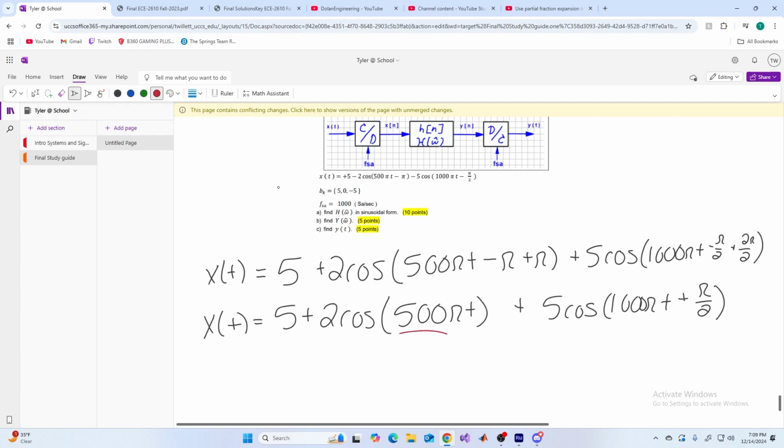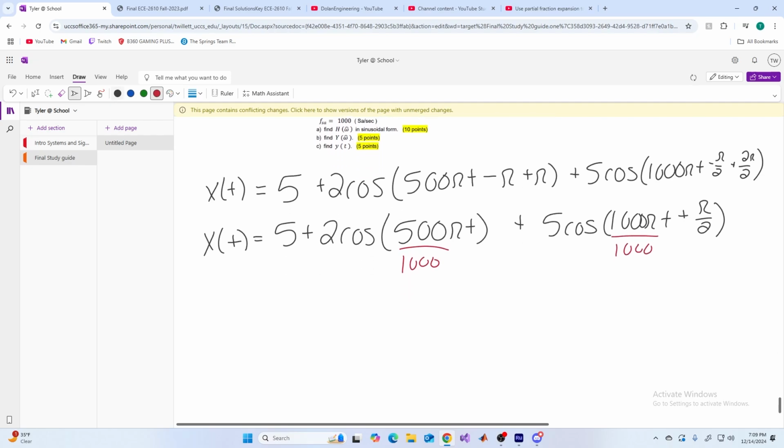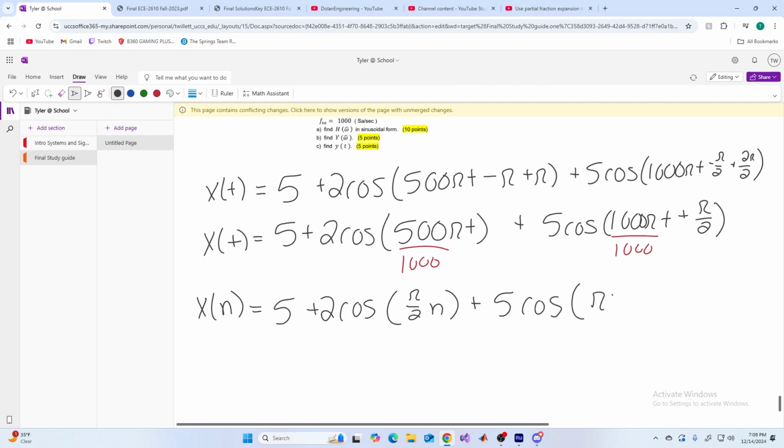So divide by 1000, and so I will get x of n equals 5 plus 2 cosine of pi divided by 2 n plus 5 cosine of pi n plus pi divided by 2.